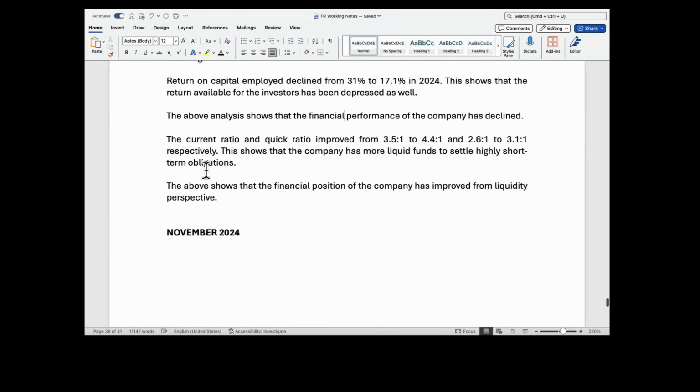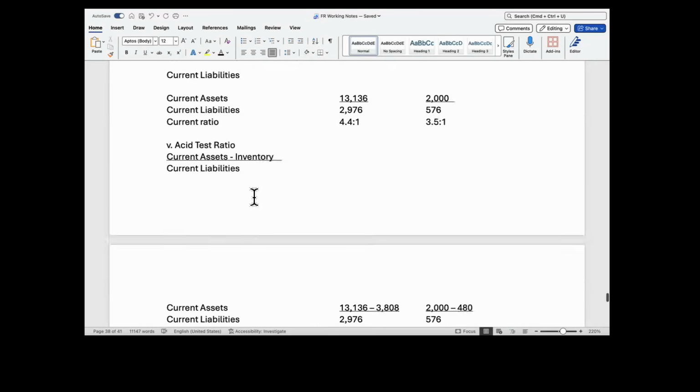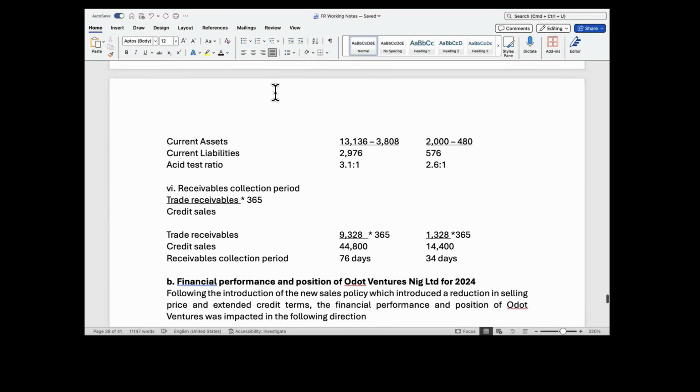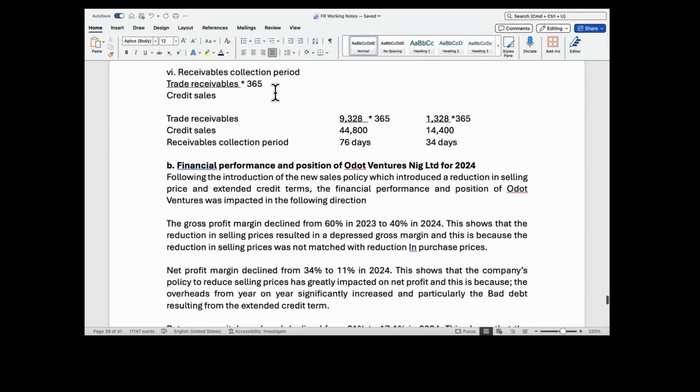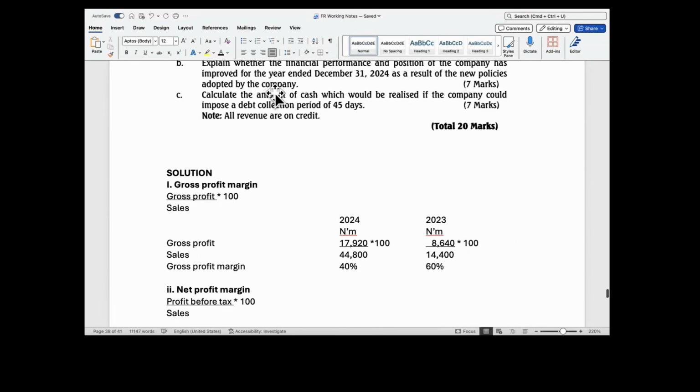And I did quick ratio and current ratio together because they measure the same thing. Then I used that to say their position has improved from a liquidity perspective. And that's the solution for that. So this is how you carry out analysis by putting the context into perspective.